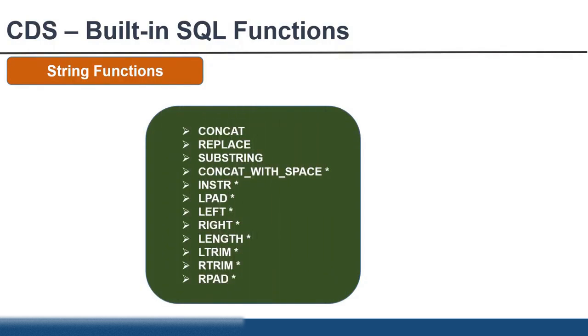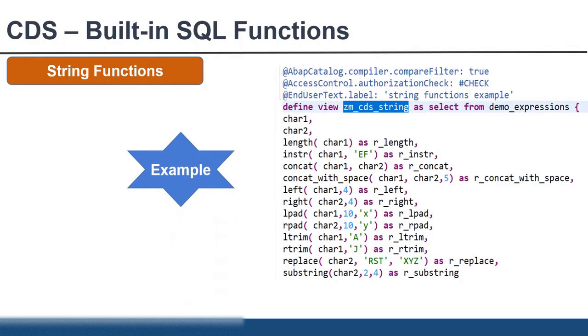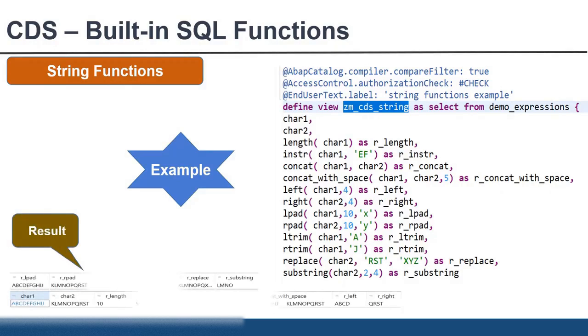String functions. These are the available string functions that SAP has provided: concat, replace, substring, etc. Here's an example of a CDS view using string functions, and the result can be seen.